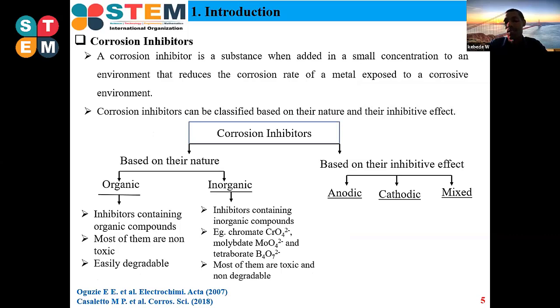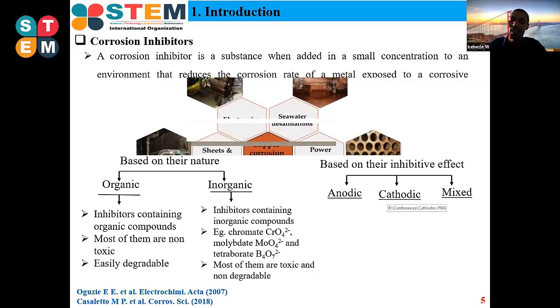These corrosion inhibitors can be classified based on their nature and also based on their inhibitive effect. Based on their nature, they can be classified as organic inhibitors and inorganic inhibitors. Recently, researchers have focused on organic inhibitors because there is a need to search for a green environment.